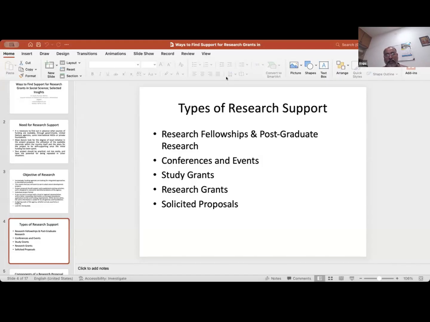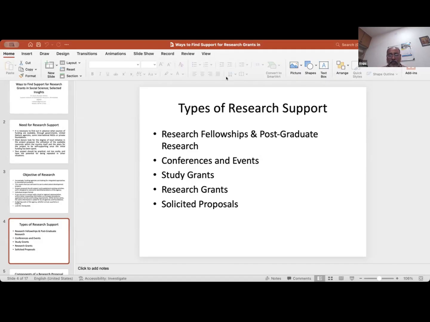Let's say they have equipped primary health centers now to treat burn injury cases. So how is that functioning? So the concerned department may ask for solicited proposals where the mandate is fixed.